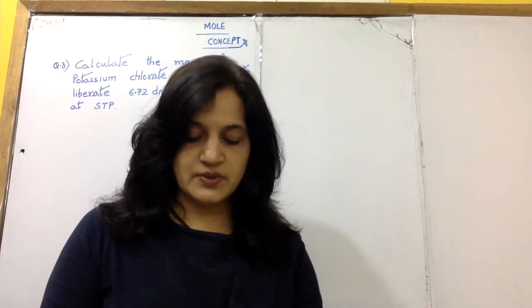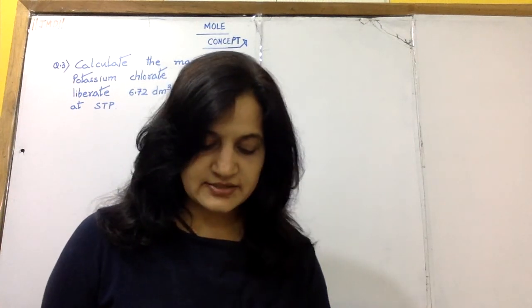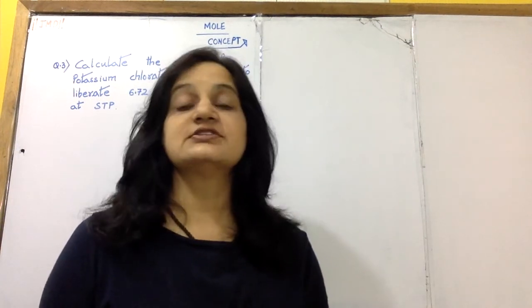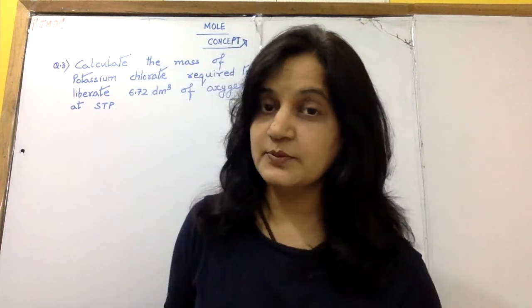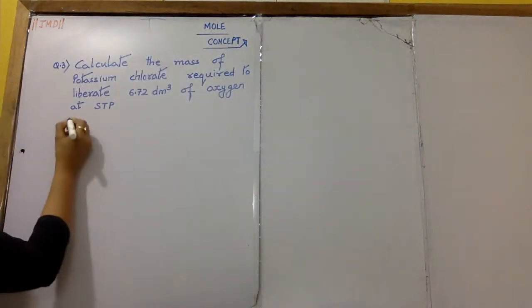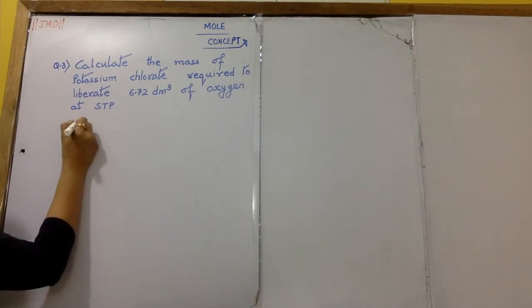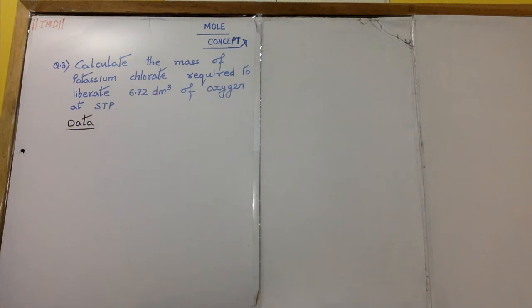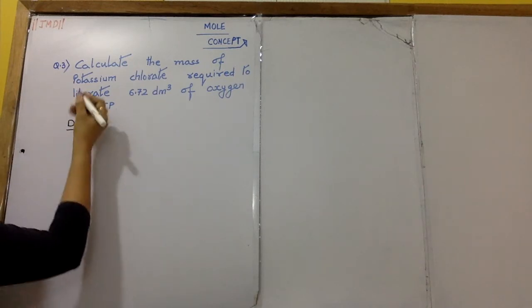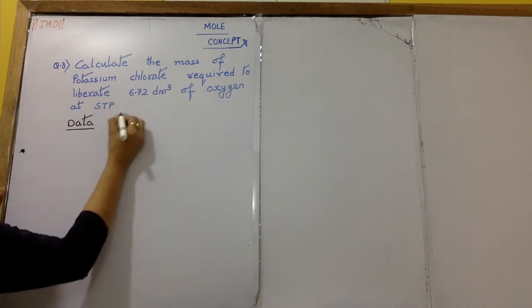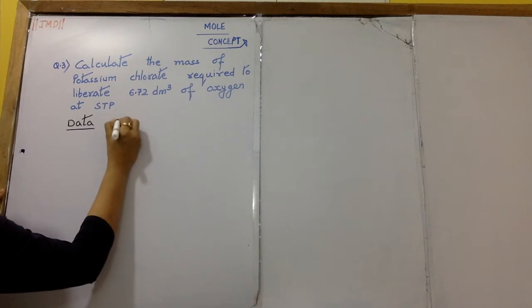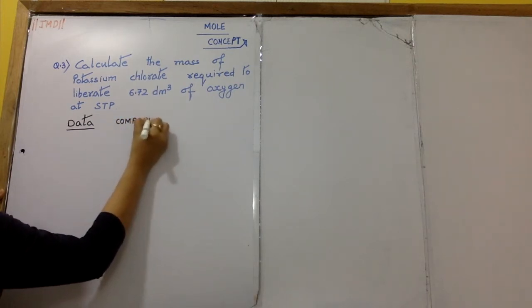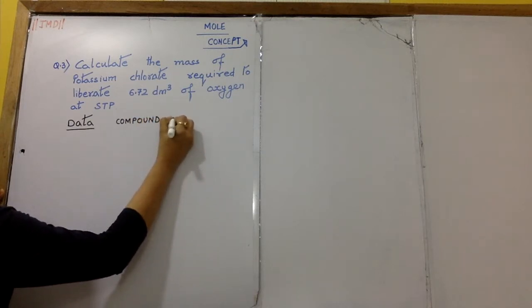We are solving in the board pattern, because I am solving the government textbook numerical. The very first thing, children, is the data. In the data, we have been provided with the compound, which is potassium chlorate.